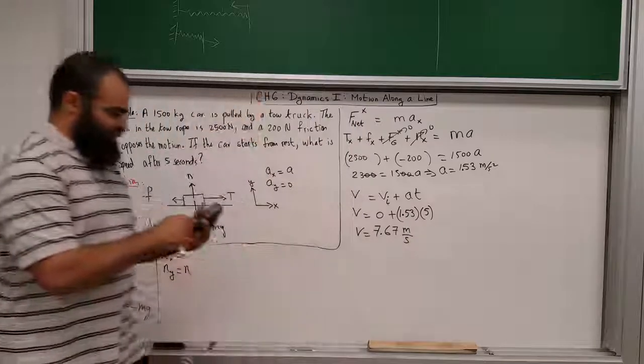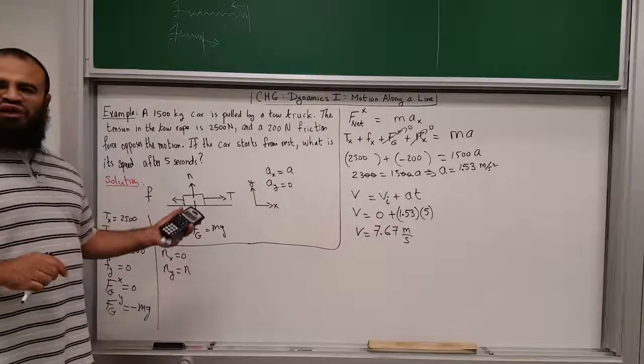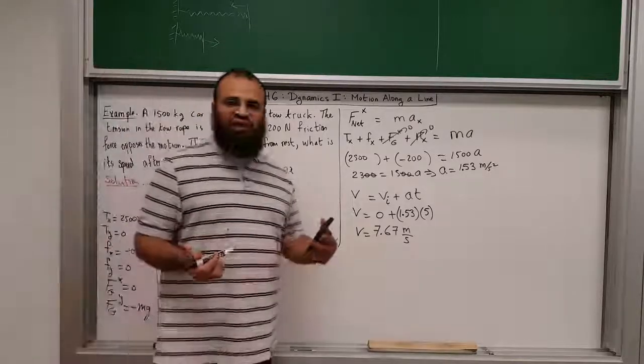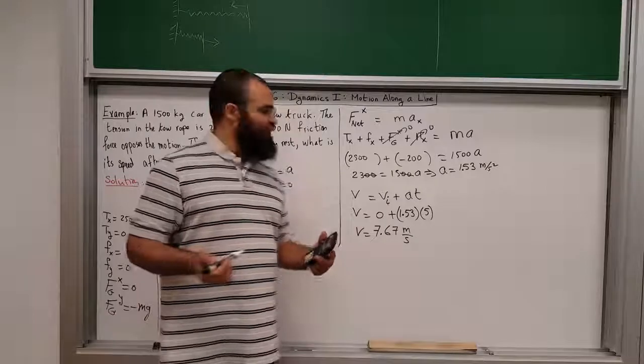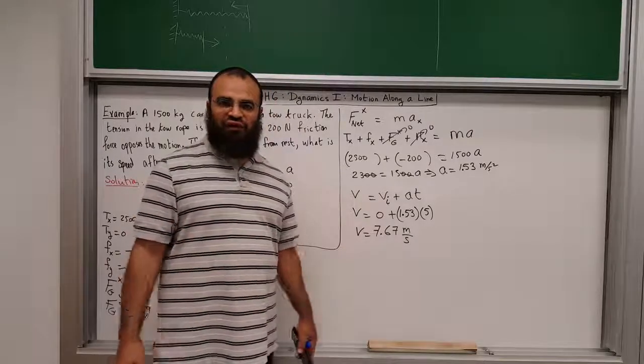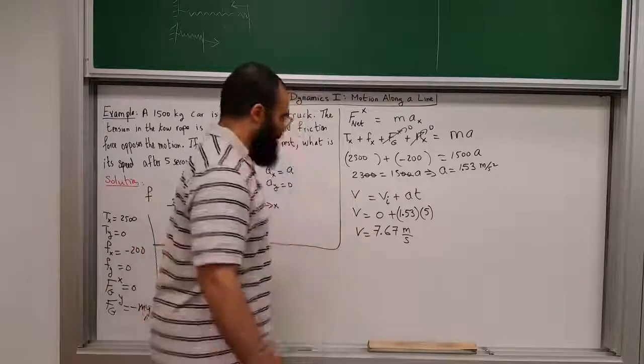I think our book says assume there are 3 significant figures in every problem. When I assign an exam problem, even if I don't explicitly write it, assume it's 4 significant figures, maybe 5 if you want.